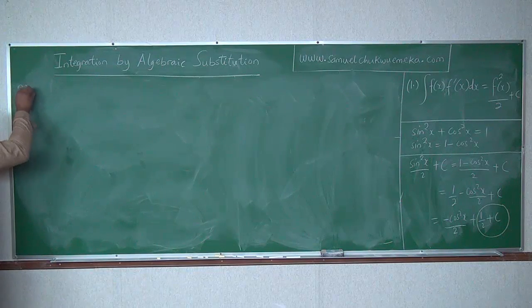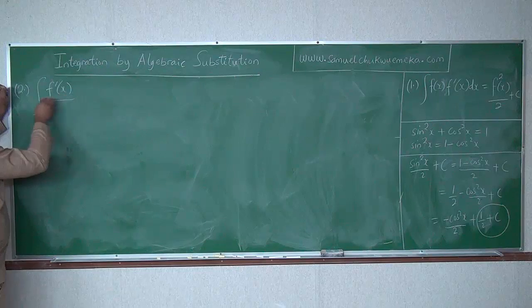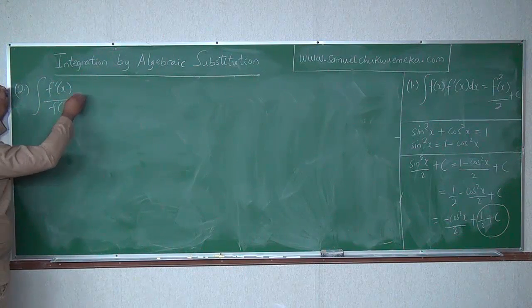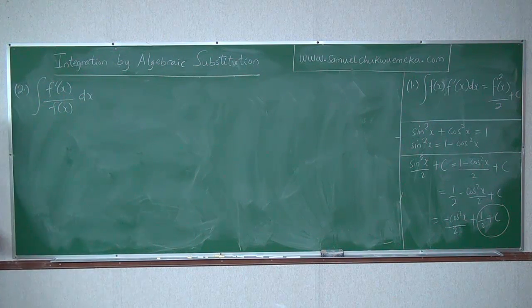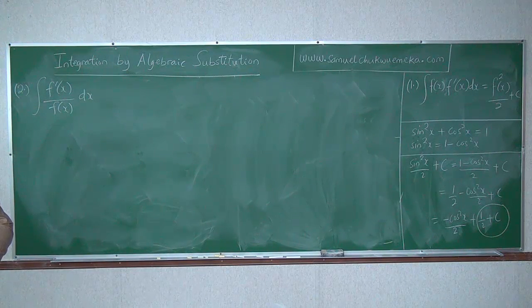Another one, number 2: if you have something like this, f prime of x over f of x dx. When you have an integration like this, you use algebraic substitution.